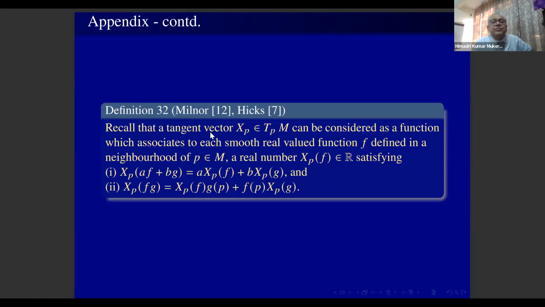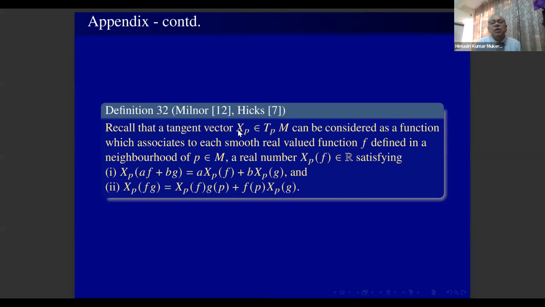Recall that in the tangent space, a tangent vector can be considered as a function which associates to each smooth real valued function f defined in a neighborhood of p a real number X_p(f).